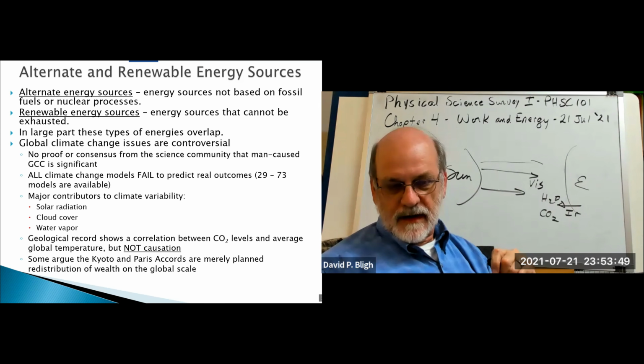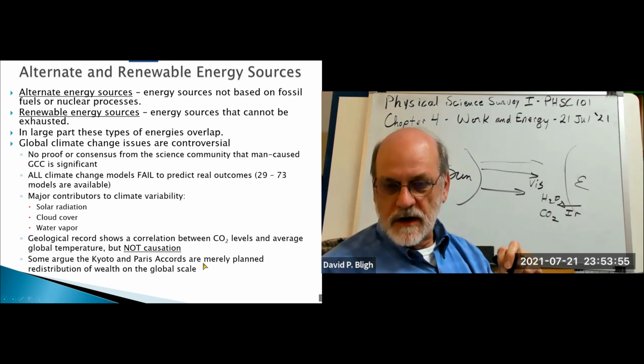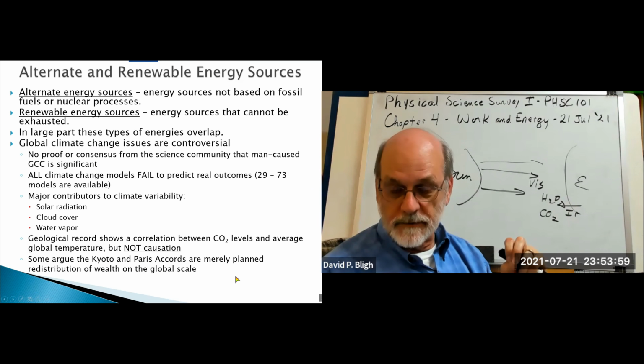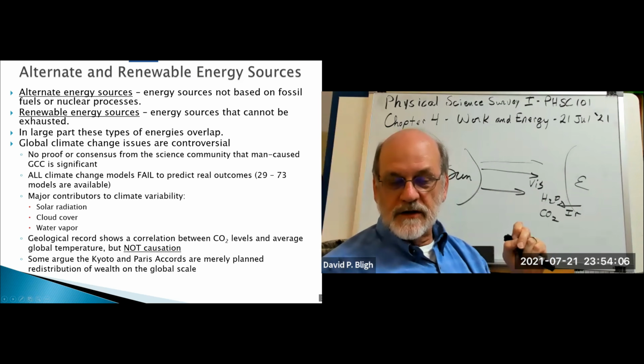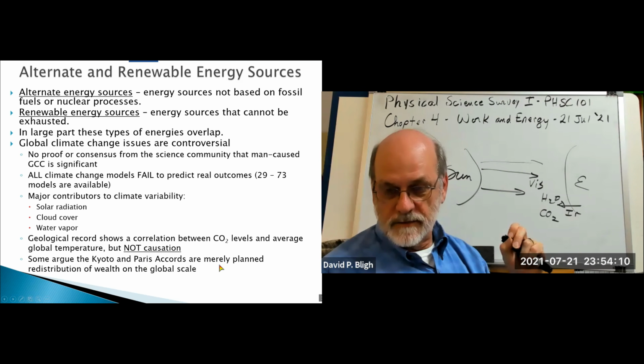Okay, there are many of us, I'm included, that believe that the Kyoto and Paris Accords for the reduction of carbon dioxide emissions in the world are merely a planned redistribution of wealth on the global scale. In other words, developing countries don't have to abide by the Paris Accords. They can pump as much carbon dioxide into the air as they want.